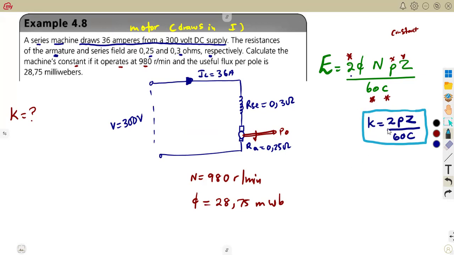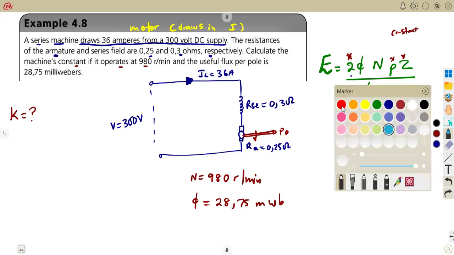No. The P, remember, is the pair of poles, and we are not even told about the pairs there. The number of armature conductors, we're not even told. Even whether it's wave or lap, we are not told. So the formula here is going to limit us.